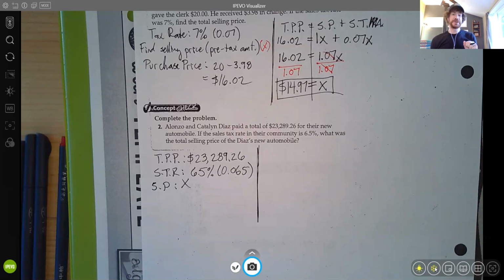To answer the question that was just put in there, look at the work from the previous problem and do it just like that.